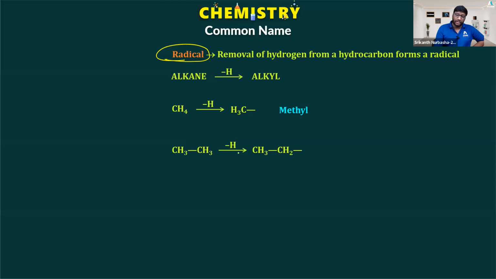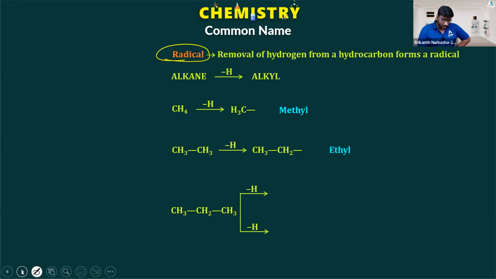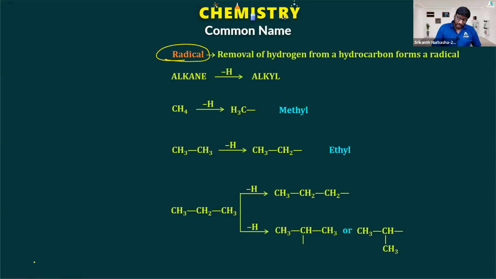From ethane, if you remove hydrogen, the generated radical is the ethyl radical. From propane, CH3CH2CH3, you can remove hydrogen from the terminal carbon or from the middle carbon. If you remove hydrogen from the terminal, you get CH3CH2CH2 dot, which is n-propyl.